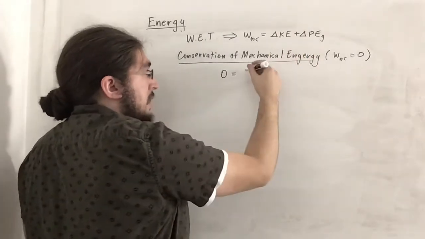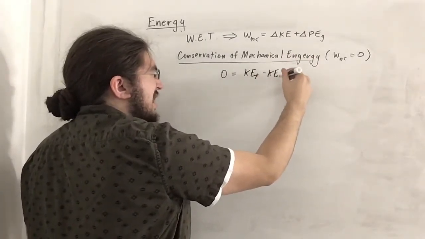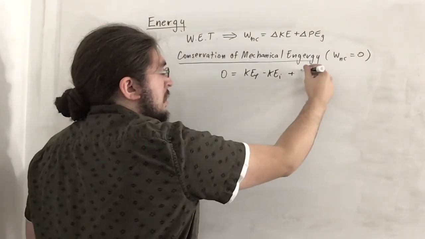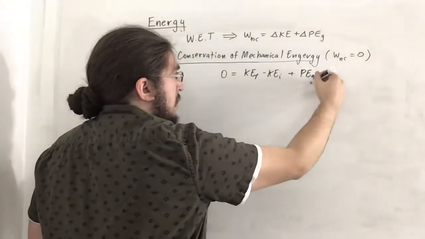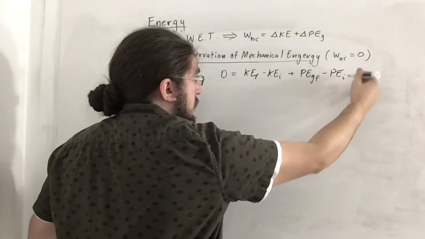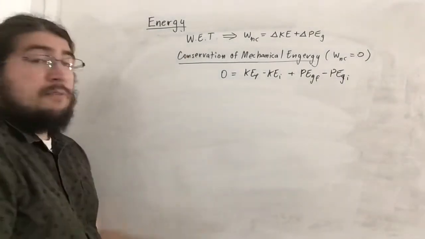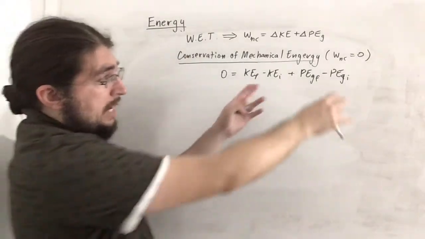And I'm going to expand this out a little bit. So it's going to be KEF minus KEI plus PGF minus PGI, just like that. And if we move things around, notice the negatives here are the initials.